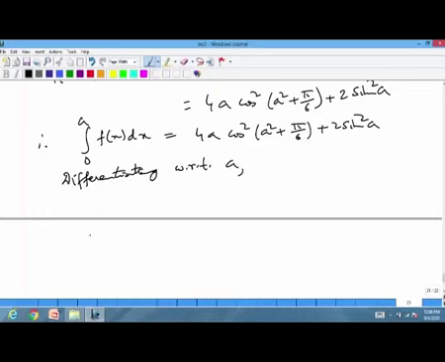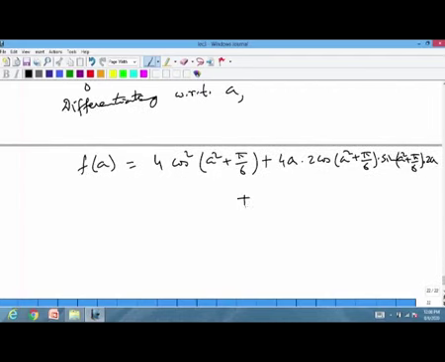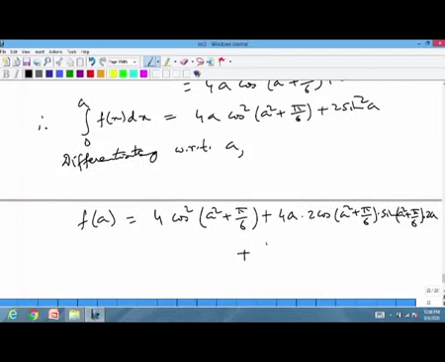We get f of a is equal to derivative will be 4 times cos square a square plus pi by 6 plus 4 times a times the derivative of cos square, that is 2 cos a square plus pi by 6 times sin a square plus pi by 6 times 2 a, plus derivative of 2 sin square a will be 4 times sin a times cos a.